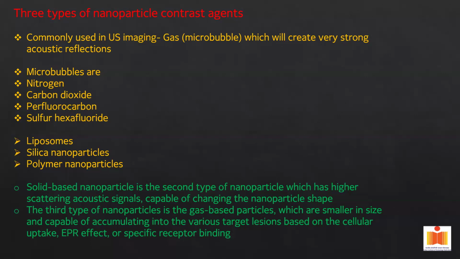I am just putting forward that these are very commonly available entities and they can be used as nanoparticle contrast with ultrasound. Nitrogen, carbon dioxide, liposomes, polymers, they all are used for these applications. Next, please.